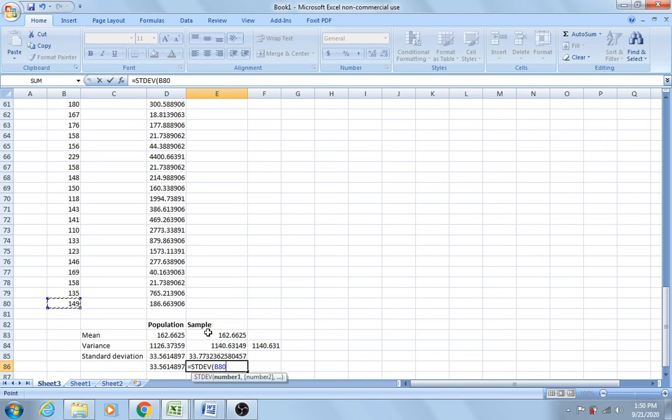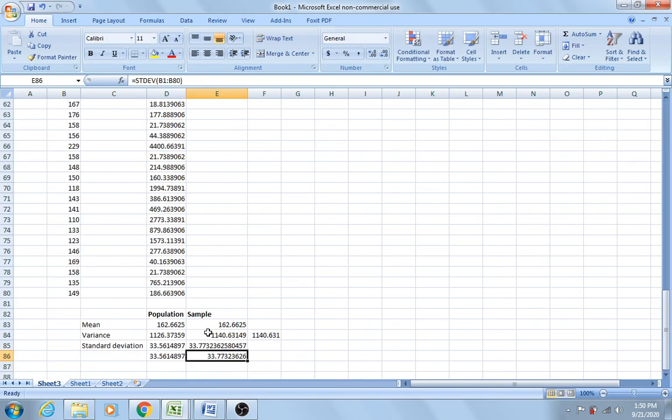So you just select the data, and here we have the same number.